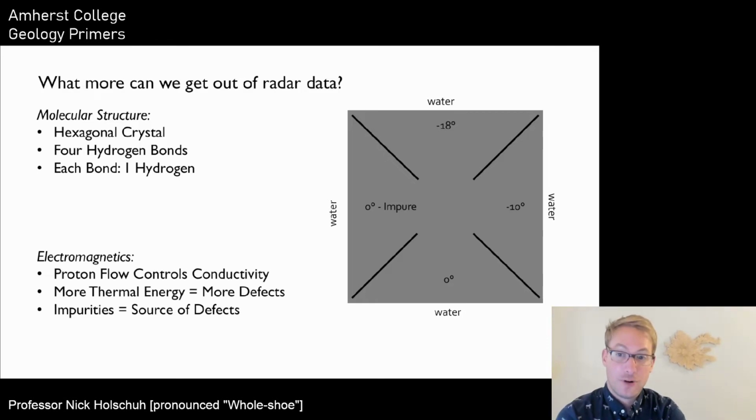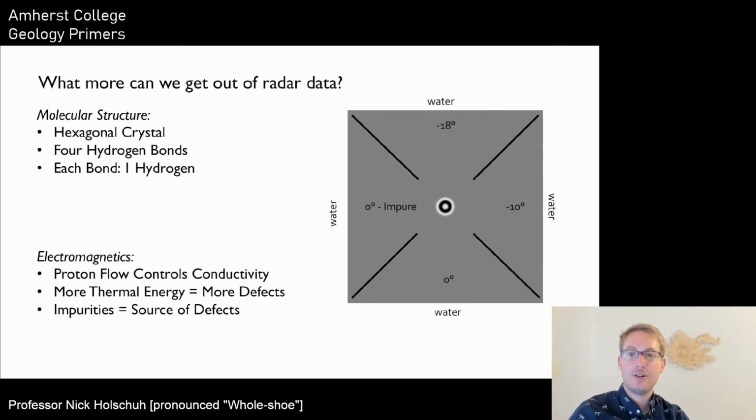As I said before, temperature really controls the conductivity of ice. The reason that's the case is because ice is this nice hexagonal crystal with these H2O molecules all bound up within it. The way that ice conducts a current is by the motion of protons, the motion of hydrogen atoms through the crystal structure. And the warmer the ice is, the more defects there are in the crystal, and the easier it is for these protons to flow.